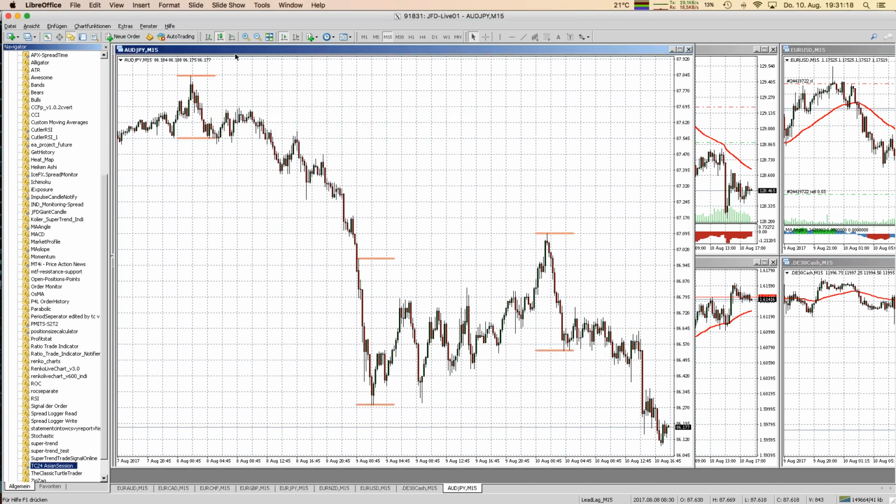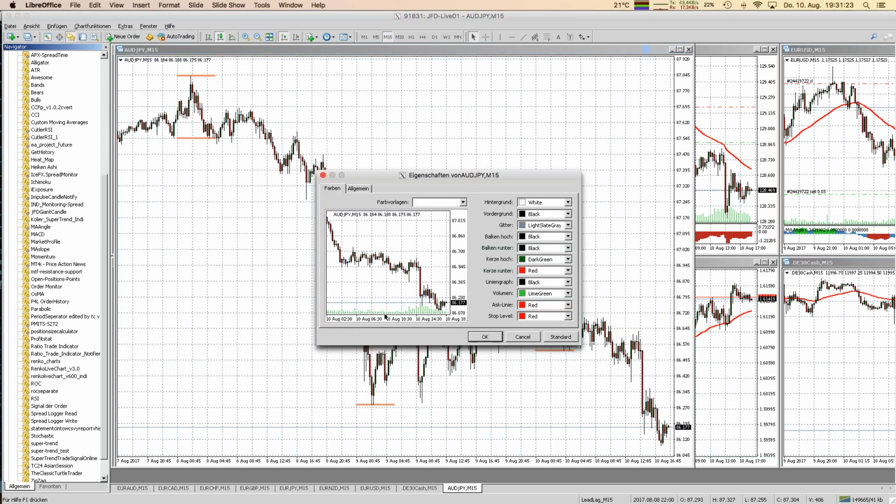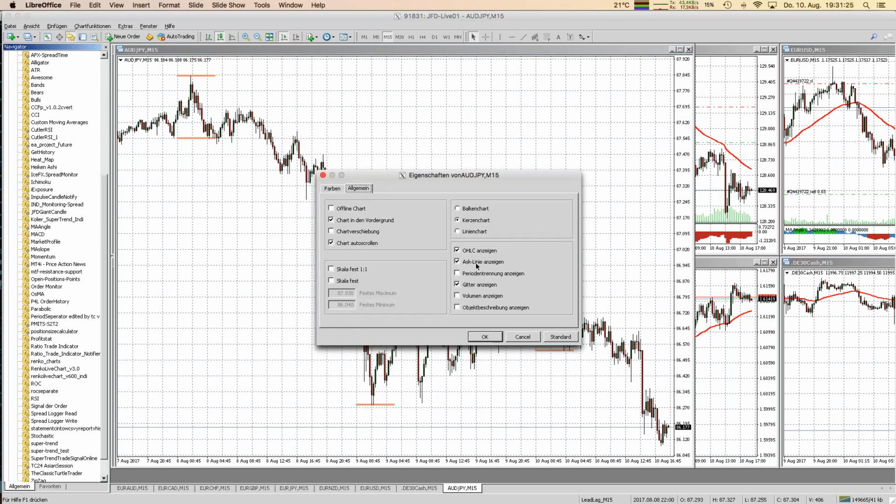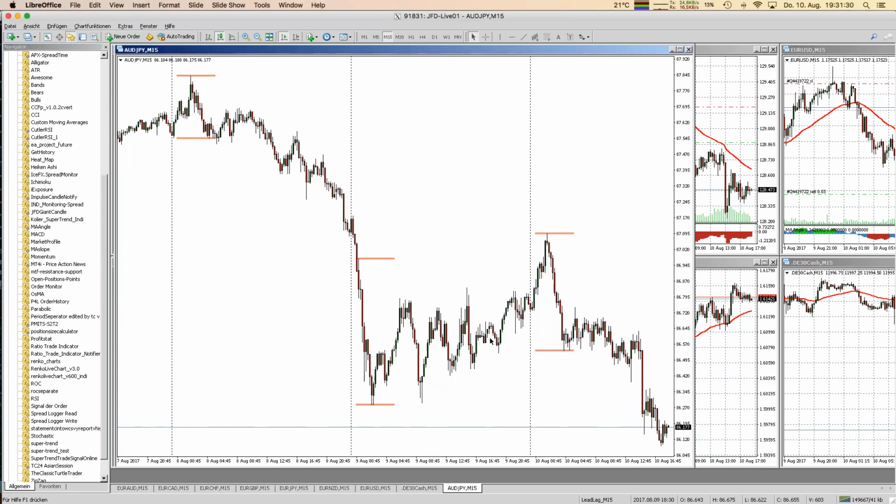And now you see exactly what I mean with my ranges. Let me prepare the chart a little bit further.